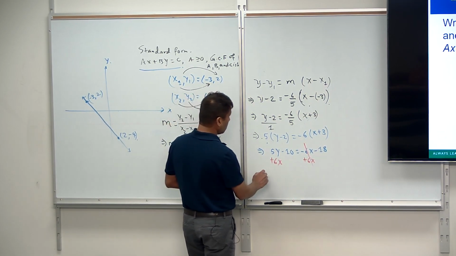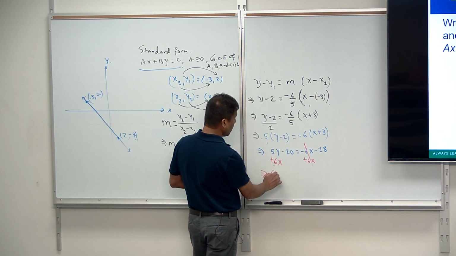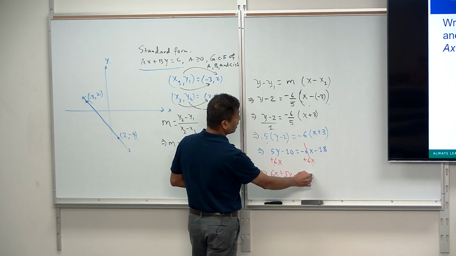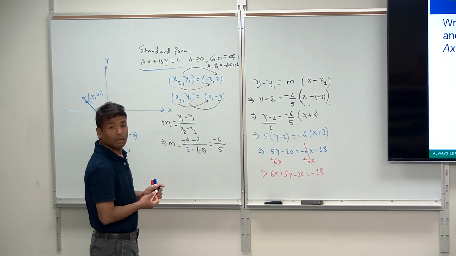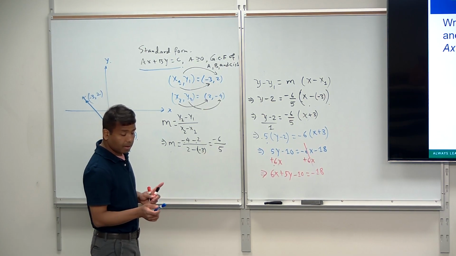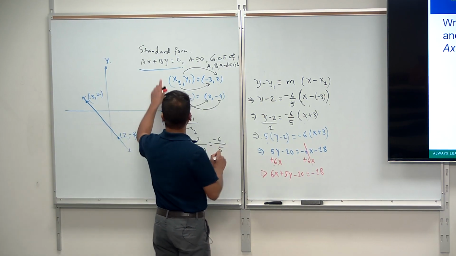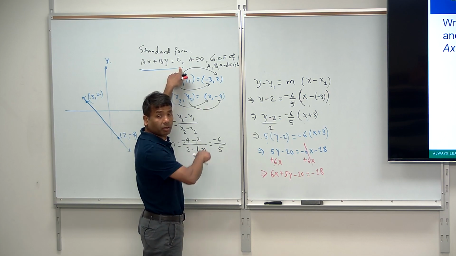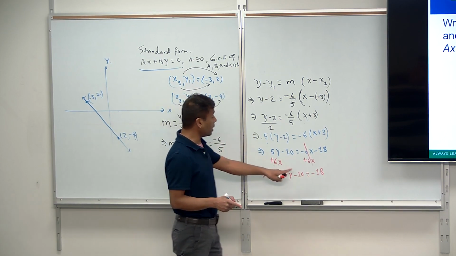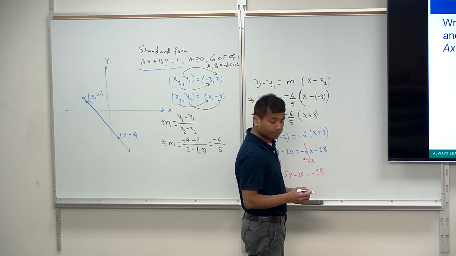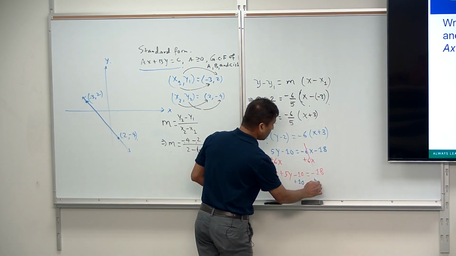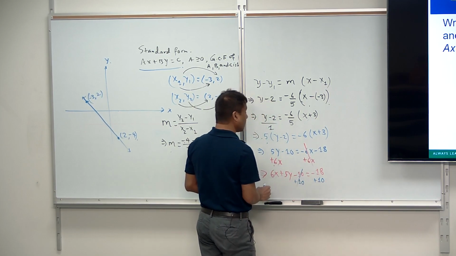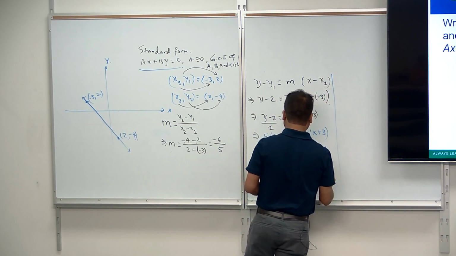Now it is 6x plus 5y minus 10 equals negative 18. The constant term must be on the right side, so we move negative 10 to the right by adding 10 on both sides.